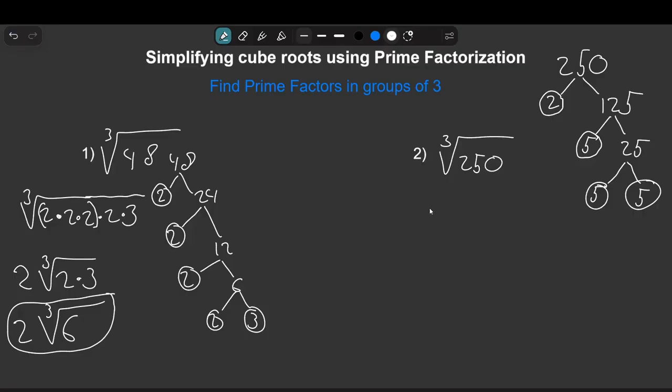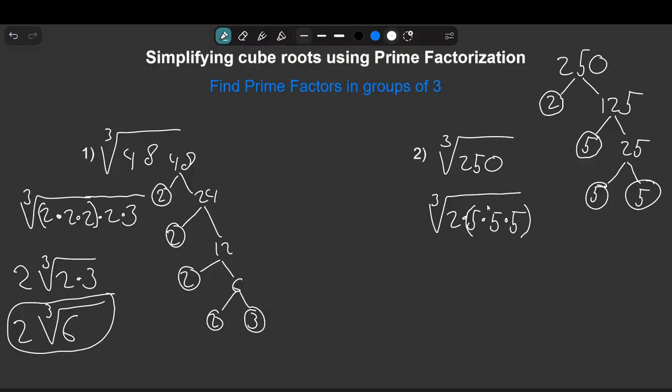So we can rewrite this as the cube root of 2 times 5 times 5 times 5. So now we need to find factors in groups of 3. As we can see, we have 3 fives here, which creates a perfect cube. 5 times 5 times 5 equals 125, and the cube root of 125 is 5.